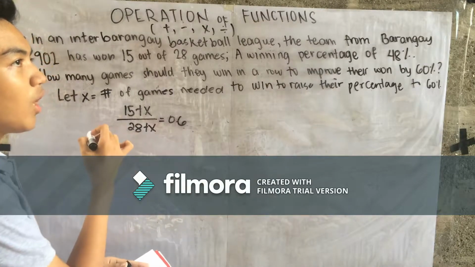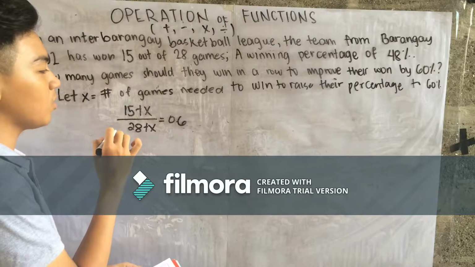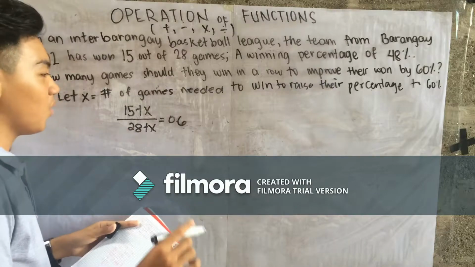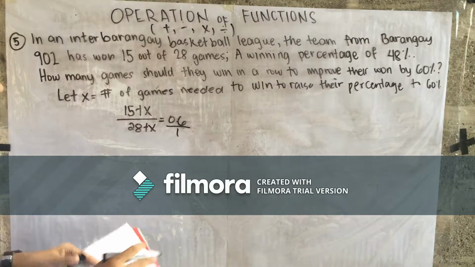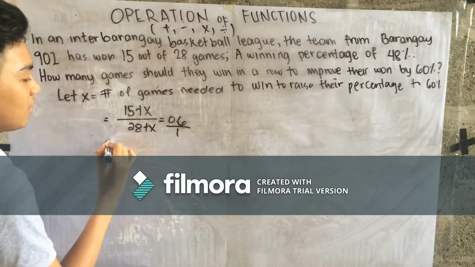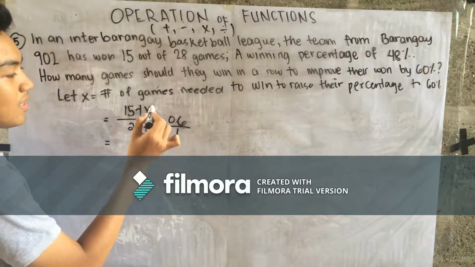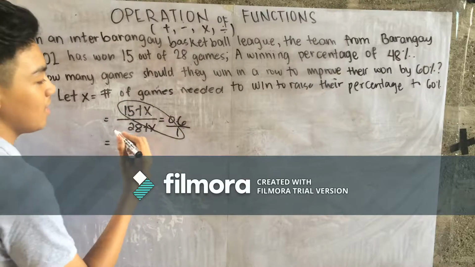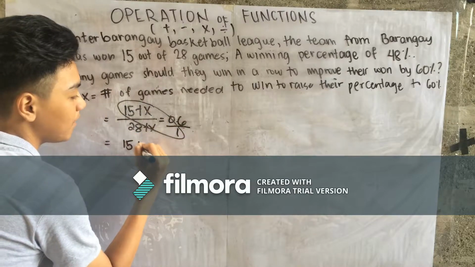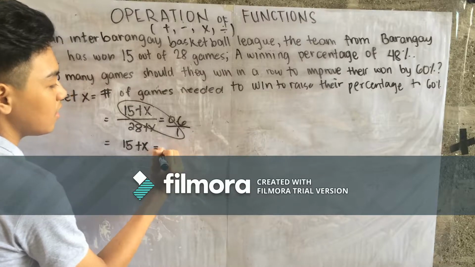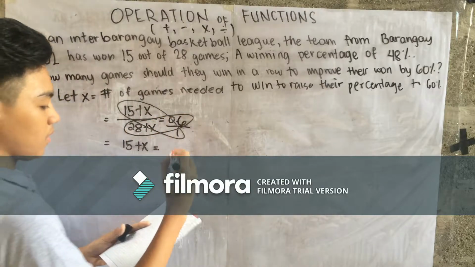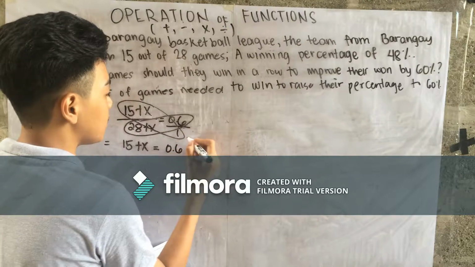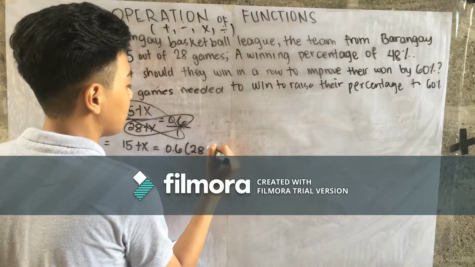So, ito, ang operation na gagamitin dito is multiplication. So ito, i-over 1 natin siya. Then, first step is cross multiply. So, 15 plus x is equals to cross multiply din pa 0.6 times 28 plus x.